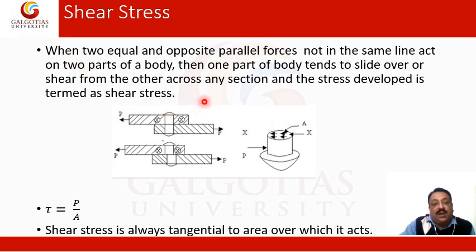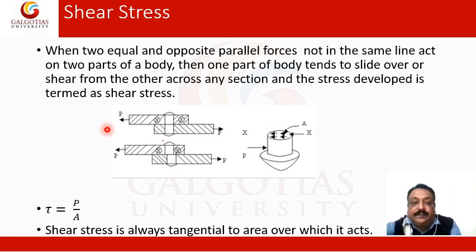So in general, what we say is, when two equal and opposite parallel forces which are not in the same line act on a part of a body, then one part of the body tends to slide over or shear from the other, like the upper plate sliding to the left and the lower plate sliding to the right, and they are shearing from each other across any section, and the stress developed is termed as shear stress.